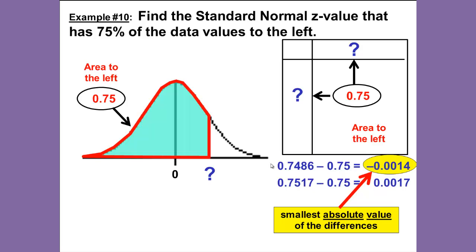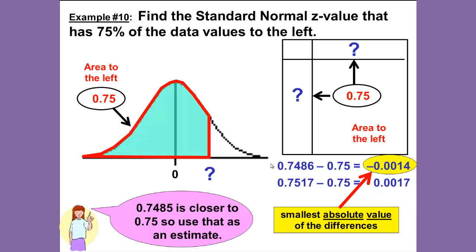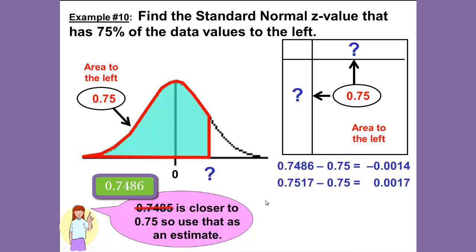We're looking for the smallest absolute value of the differences. To be the closest, I would rather be 14 under than 17 over, so the value closer to the 0.75 is the 0.7486, and we'll use that as our estimate.